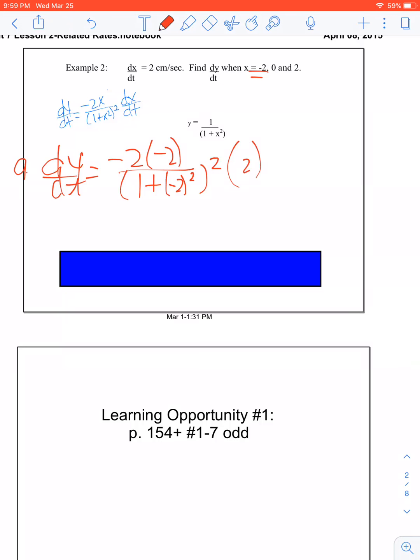All right, well, this is going to give me a positive 4 on top. Negative 2 squared is 4, plus 1 is 5. I'm going to get a 25 on bottom, times 2. So this gives me 8/25, and they did give me a rate, so this would be centimeters per second.